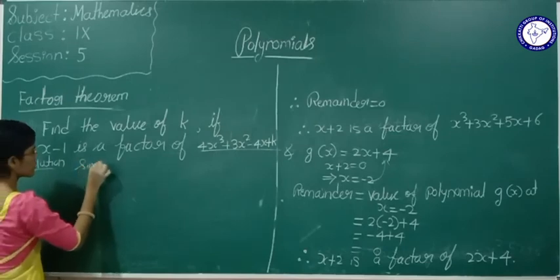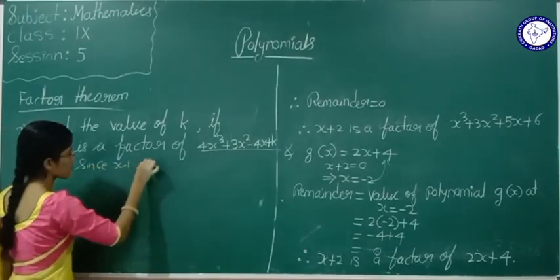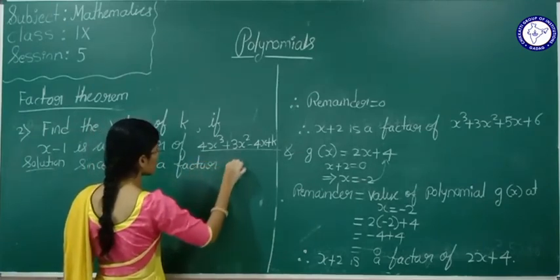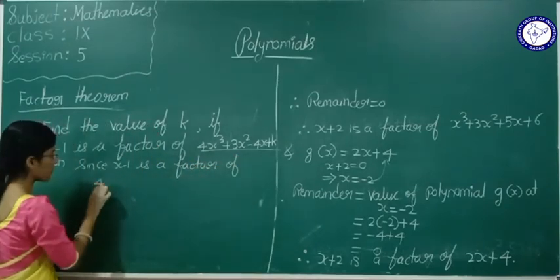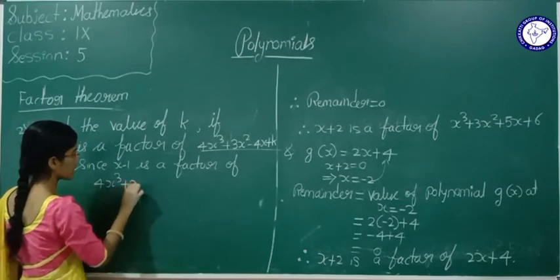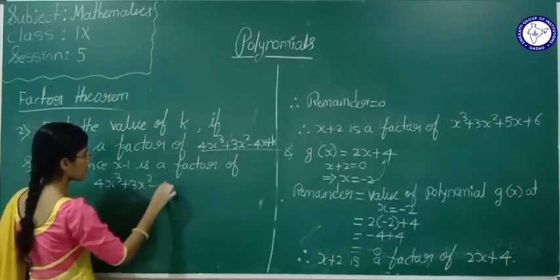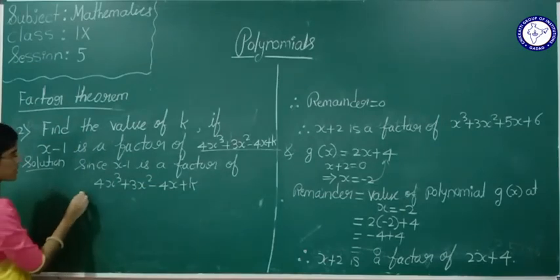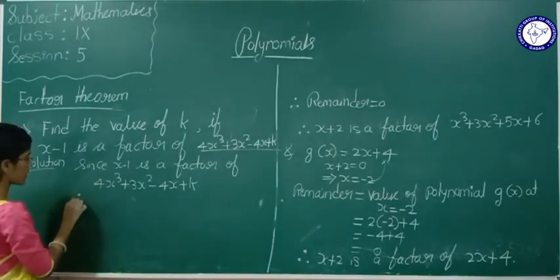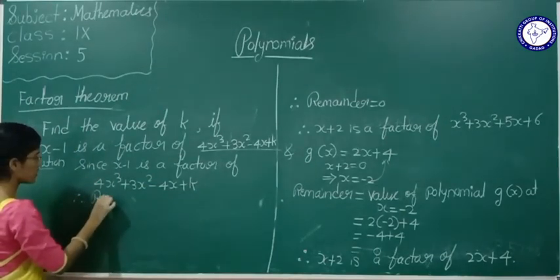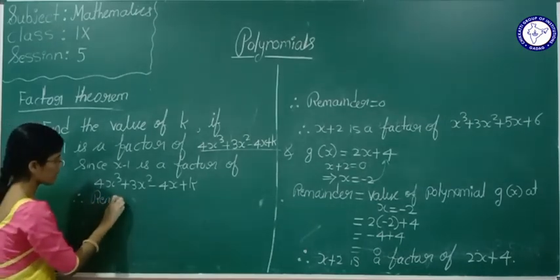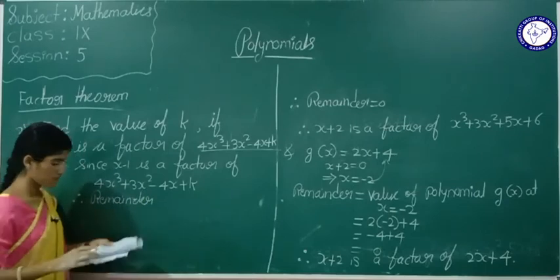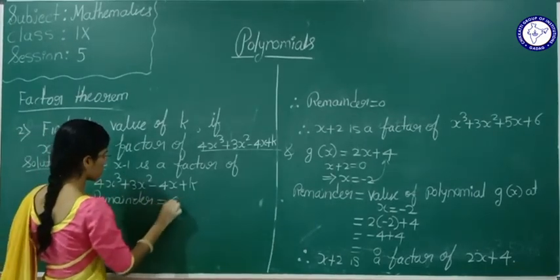Since x minus 1 is a factor of 4x cube plus 3x square minus 4x plus k, therefore remainder is equal to 0.